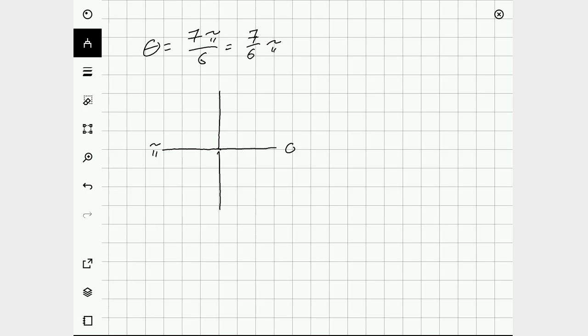So 7 pi over 6, or 7/6 pi, well, 7/6 is 1 and 1/6 as a mixed number. All right, so here is 1, and then I need to break this into 6 and take one of them. So there is your 7 pi over 6 angle.